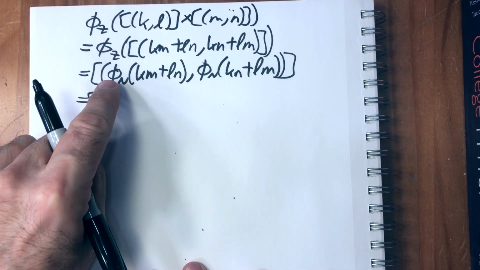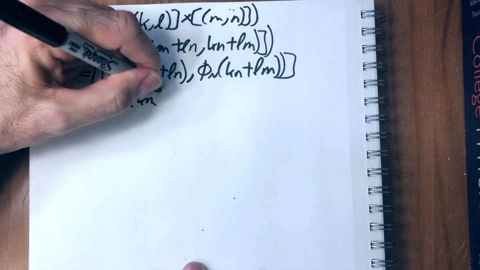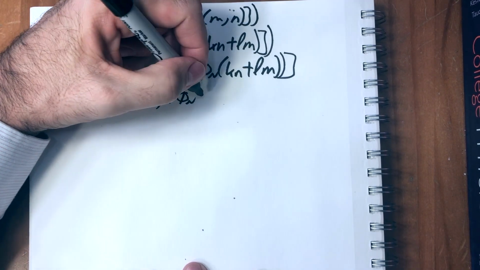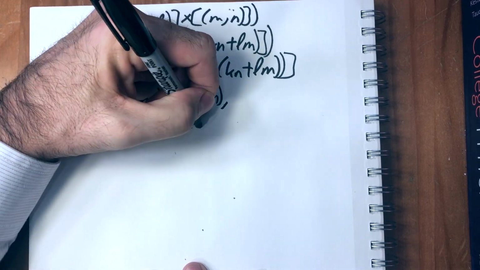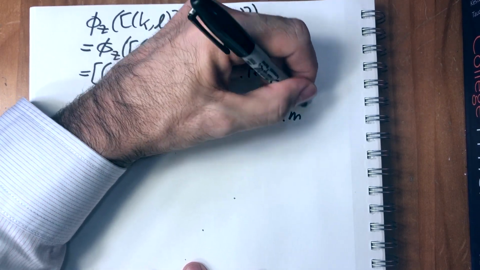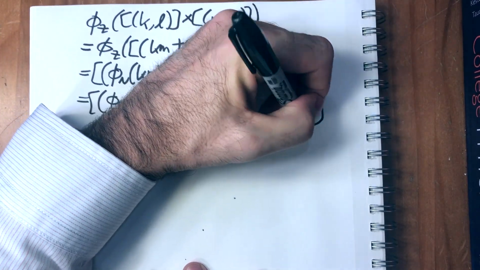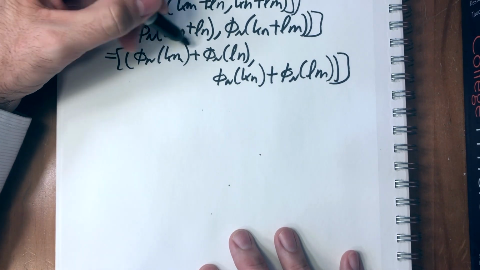So this equals (phi n of km plus phi n of ln, phi n of kn plus phi n of lm). Right? This is just the additive property. They were inside, we took them outside.